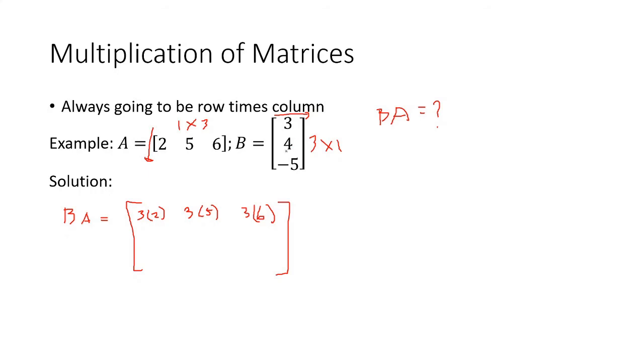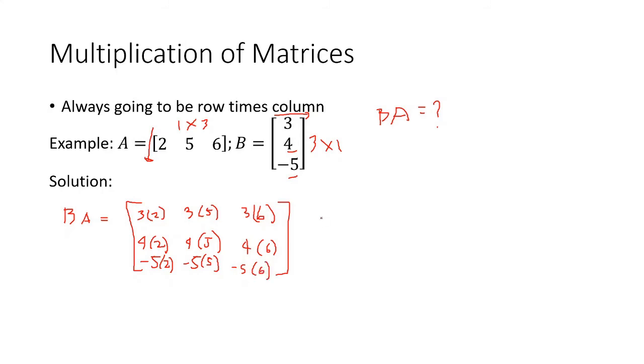Next is 4 times 2, 4 times 5, and 4 times 6. Then for the last row is negative 5 times 2, negative 5 times 5, negative 5 times 6.